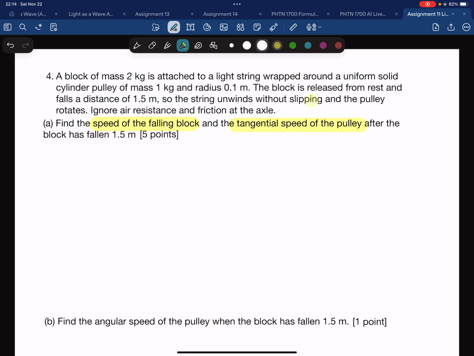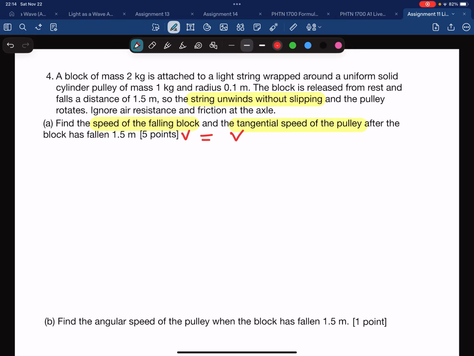I'm also told that the string unwinds without slipping. Knowing this, the speed of the falling block must be equal to the tangential speed of the pulley, so I'm going to use the same velocity v for both.